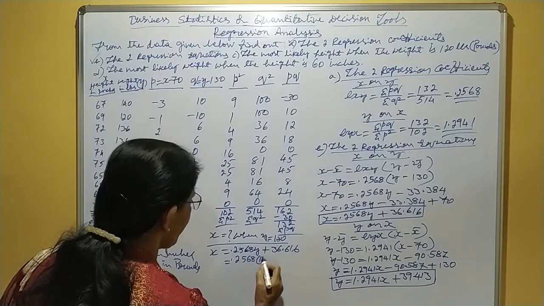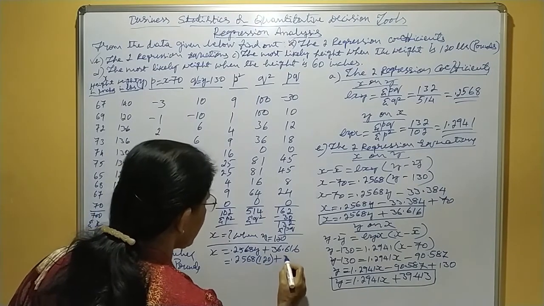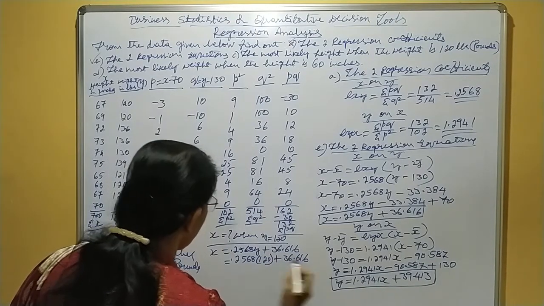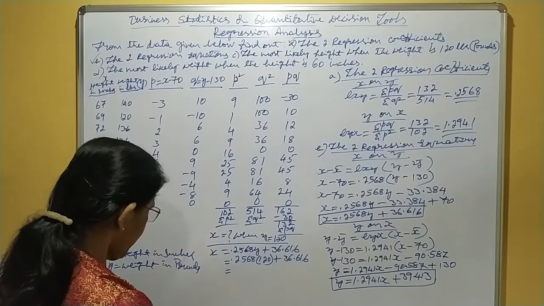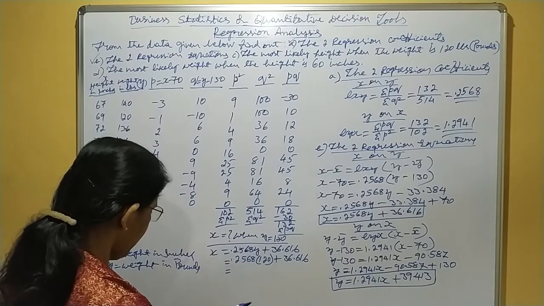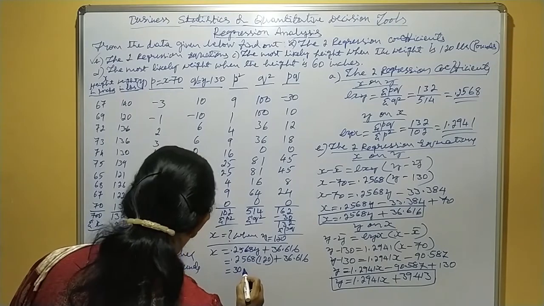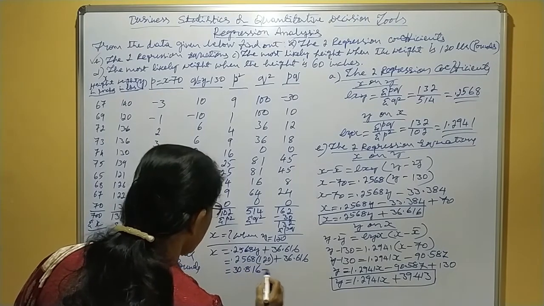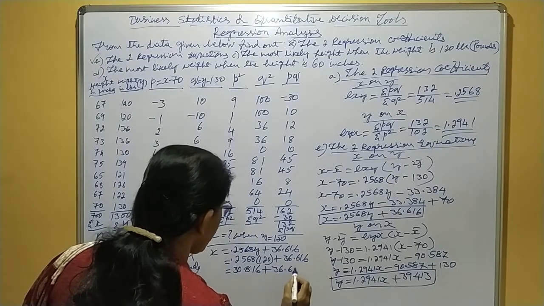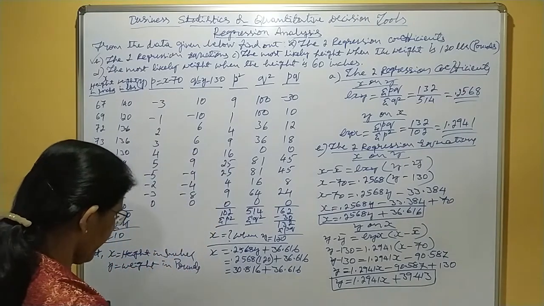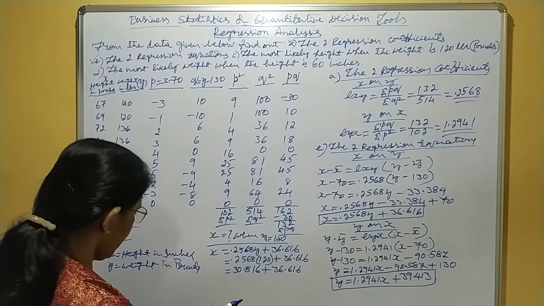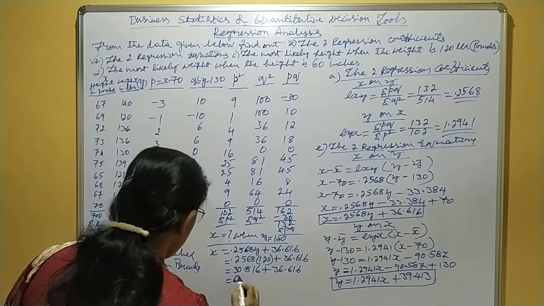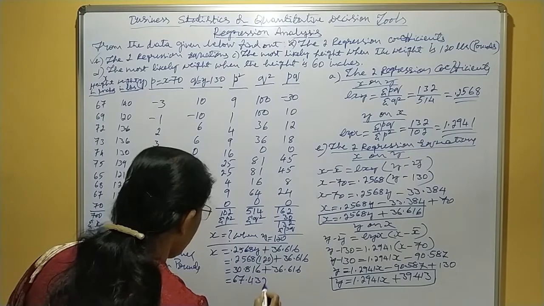In the place of y, insert 120. 0.2568 into 120, that is 30.816 plus 36.616. It comes to 67.432.